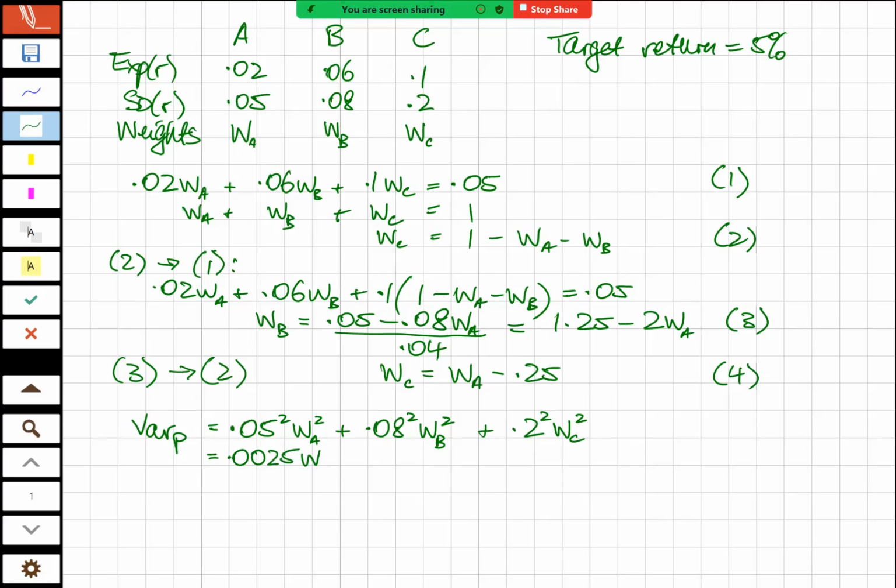So 0.0025 WA squared, then 0.0064 times 1.25 minus 2 WA squared, and 0.2 squared gives us 0.04 times WA minus 0.25 squared.